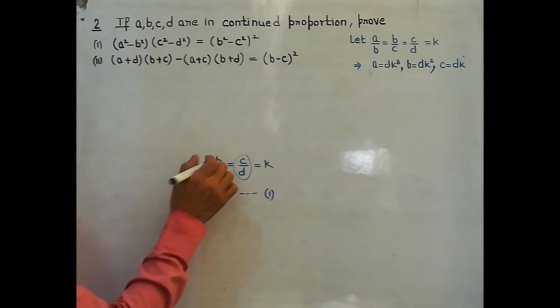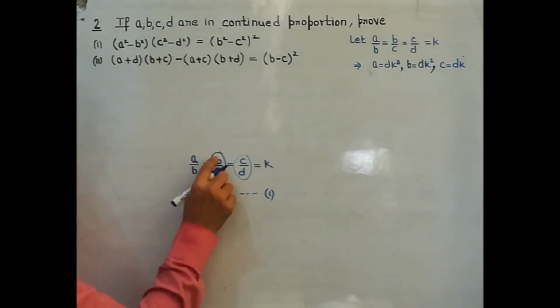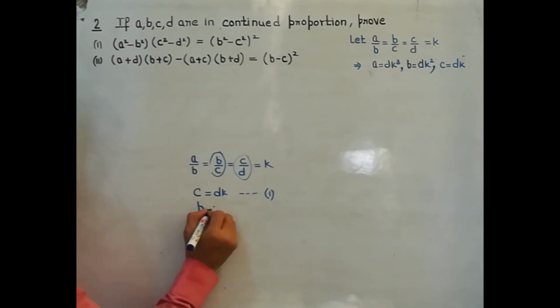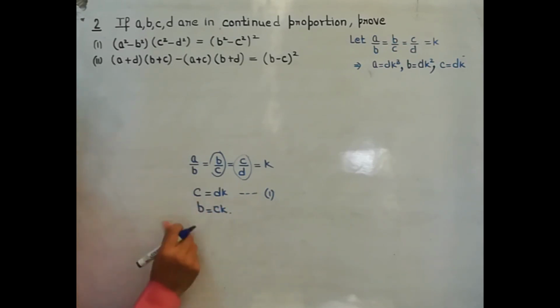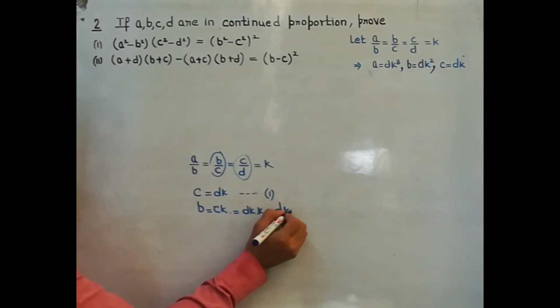Now the second last one, when you equate this, you will be getting B is equal to CK, and here C can be replaced by dk. So this C will be replaced by dk, and K is already there. So it becomes D into K square.